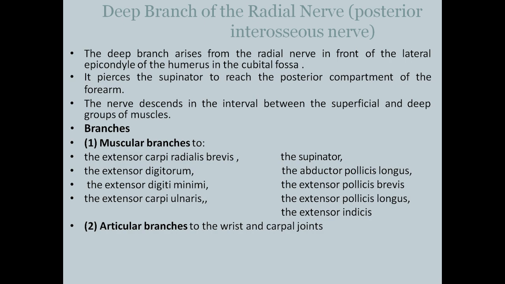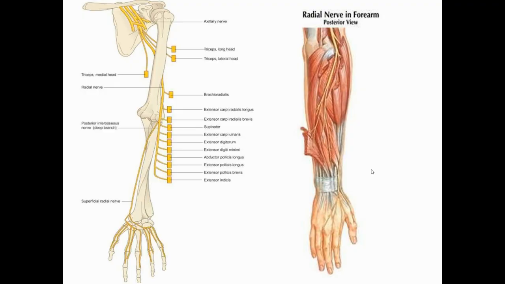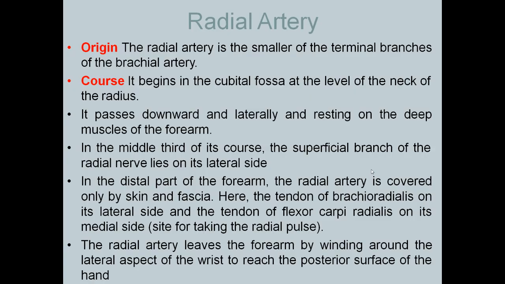Articular branches go to the wrist and carpal joints. We can see in this picture the radial nerve and its branches very clearly. We will continue the part of the forearm in the next video.